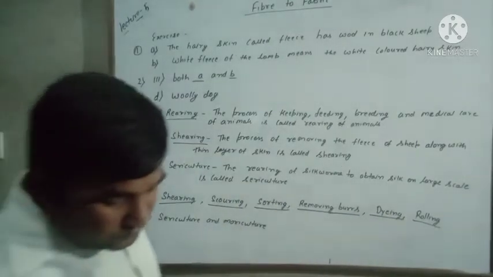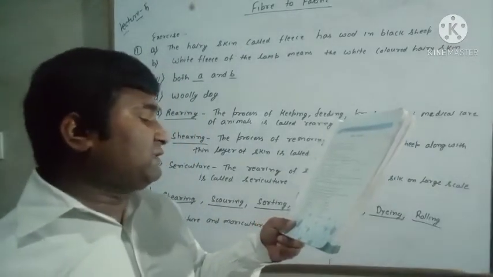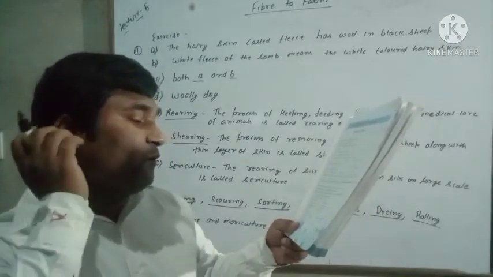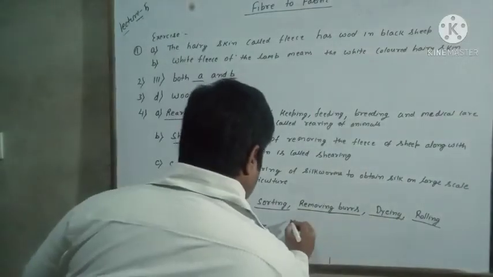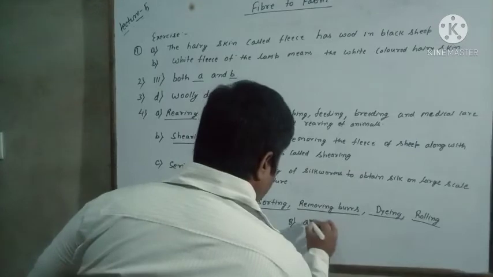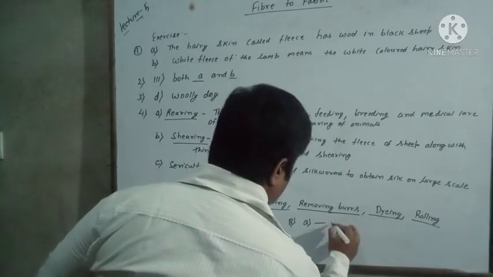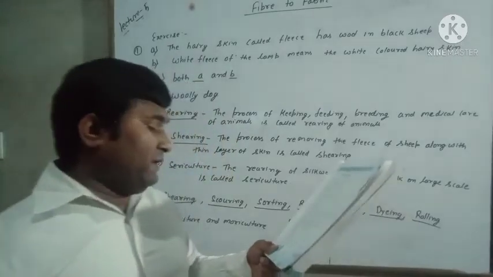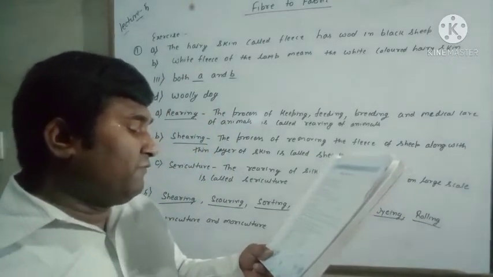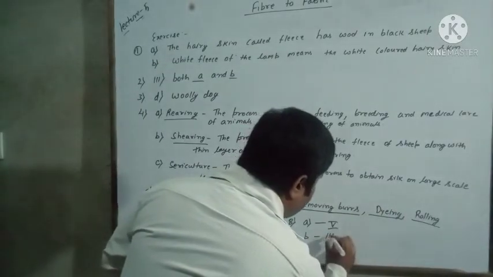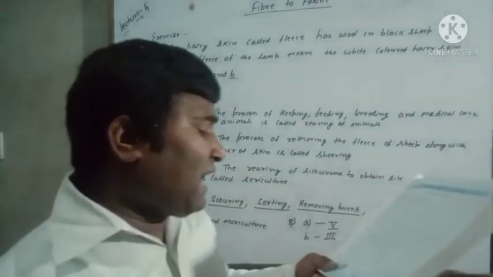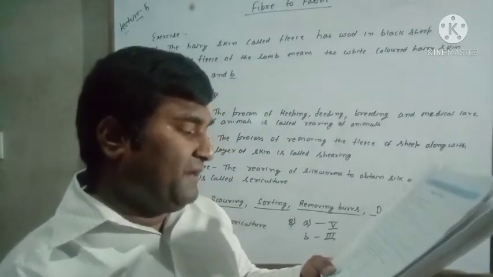Okay. Question number D. Scouring. Match the column A to B. Scouring, S-C-O-U-R-I-N-G, scouring. Scouring means cleaning the sheared skin. So, in question number 8, A is 5. Okay, mulberry leaves, which is food for the silkworm. So B is 3. Yak, wool yielding animal.